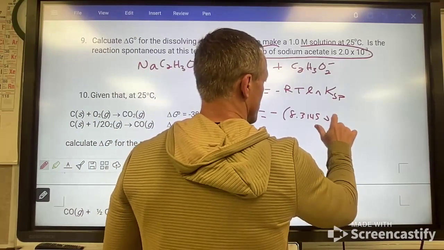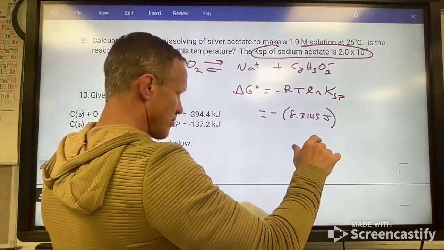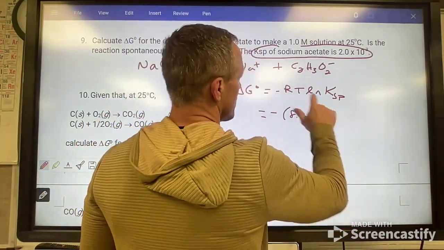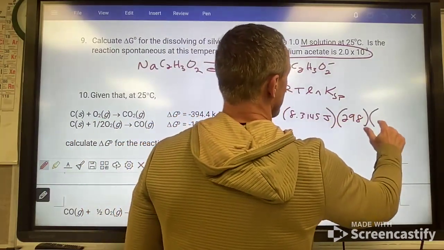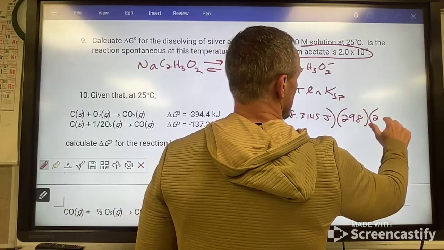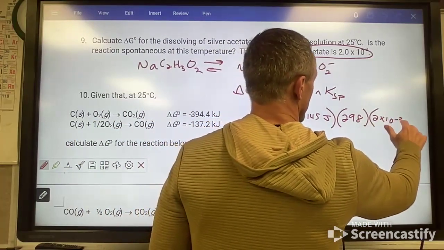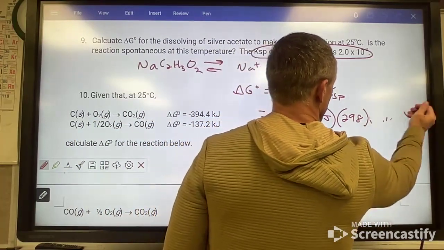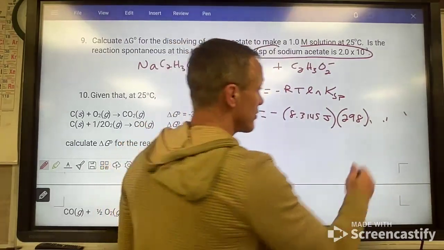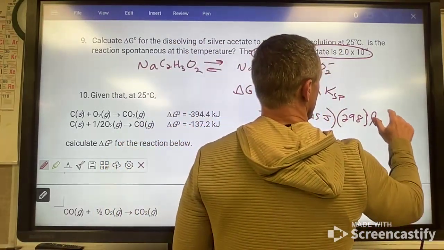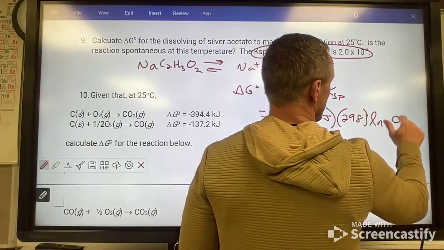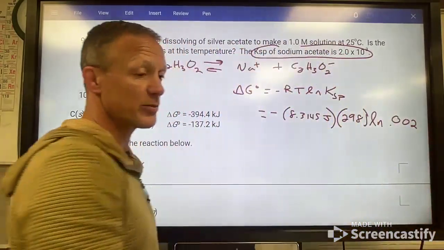We are at temperature 298 Kelvin, and the Ksp is 2 times 10 to the negative third. Whoops, I forgot my natural log. I take natural log of that value. So times ln of 0.002. That's just the Ksp.